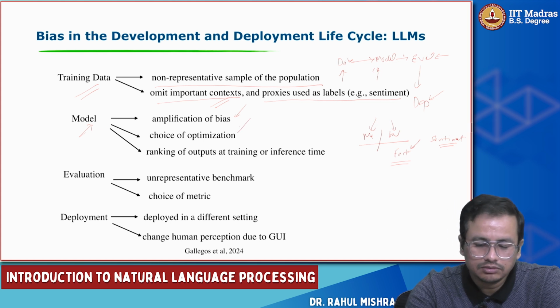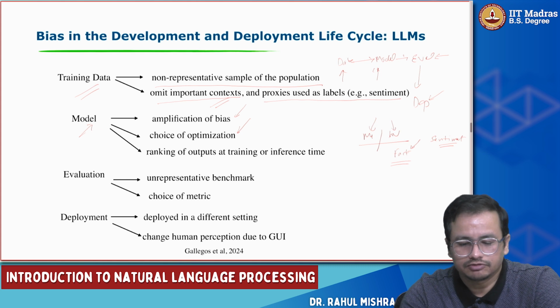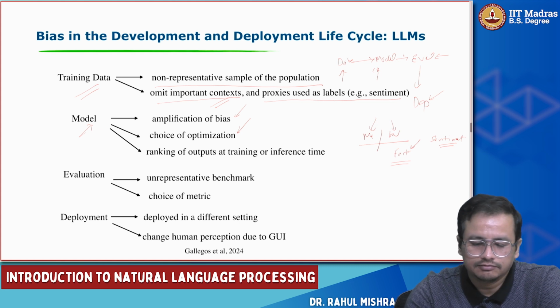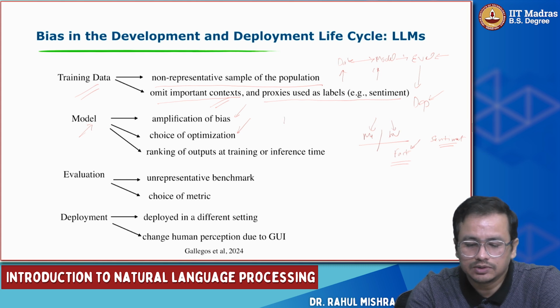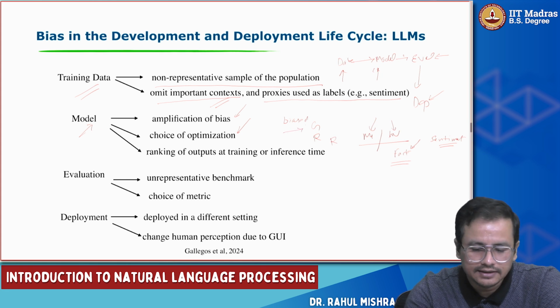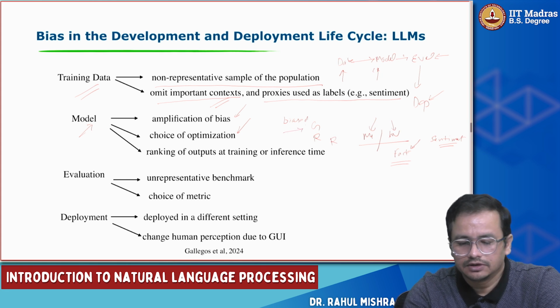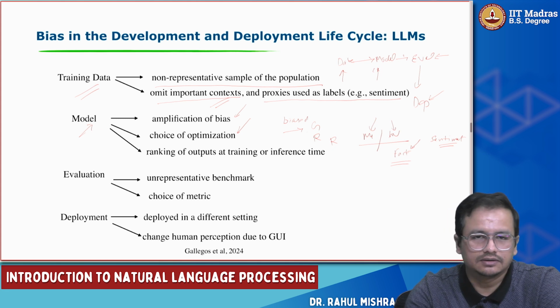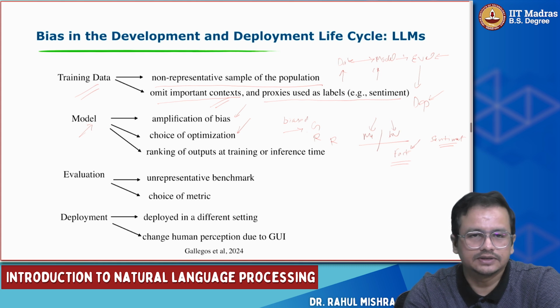And it also depends on the choice of optimization. Let's say your choice of optimization is biased towards a particular gender, or a particular race or region and so on. How could it be? Maybe you designed your optimization algorithm based on some features, let's say whether a particular gender representation is there or not.